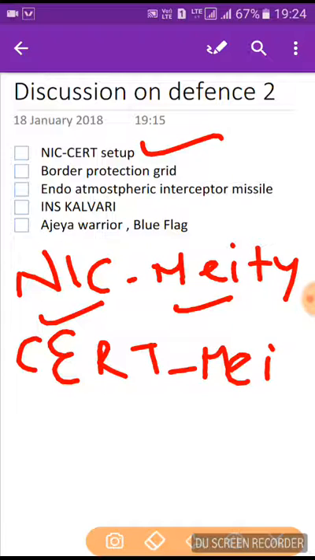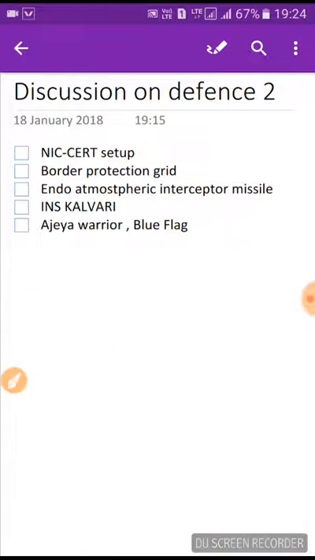So to prevent hijacks, ransomware, and other threats, the government has inaugurated this body, NIC-CERT, to prevent and predict cyber attacks. These are some news items. Cyber crimes in India are increasing at a very high speed. We know about it.